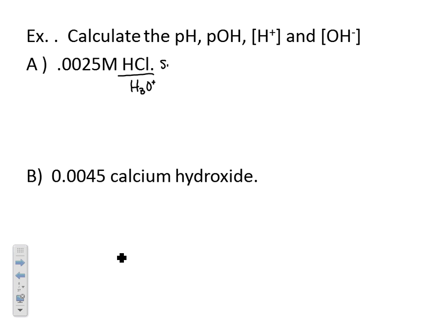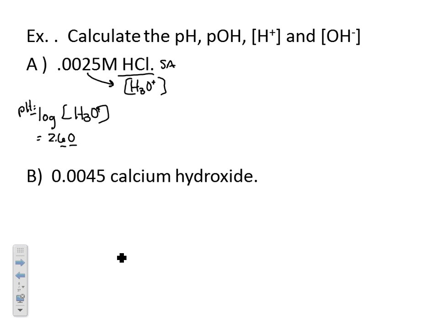We know that this is a strong acid, so the concentration of the acid is equal to the concentration of hydronium, and to get the pH, the opposite of the logarithm of hydronium ion concentration. Oops, it's 0.0025. And the pH is 2.60. We've got 2 significant digits in our concentration, and therefore 2 decimal places in our pH.